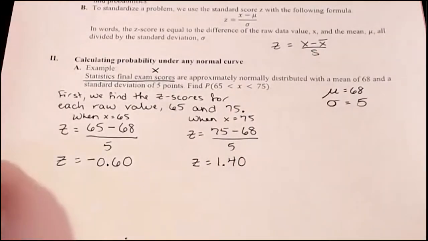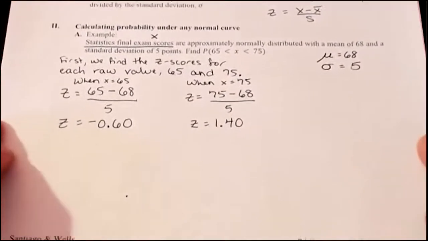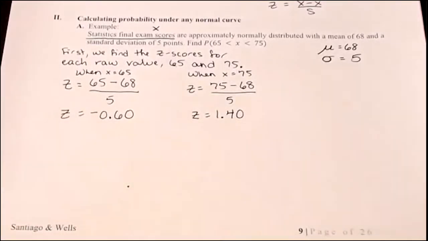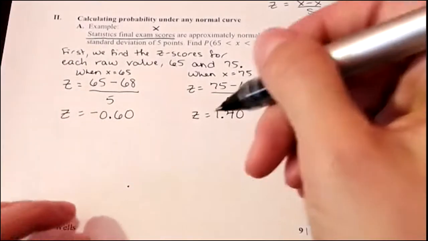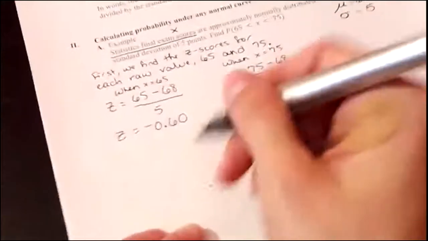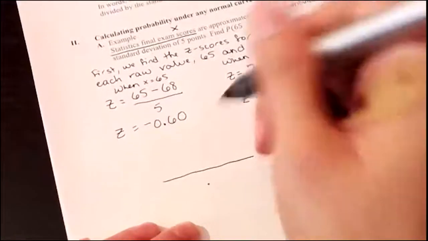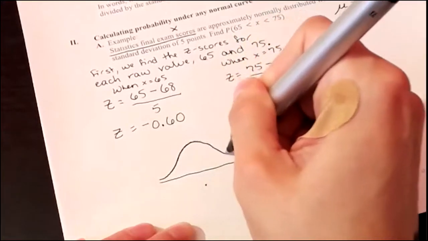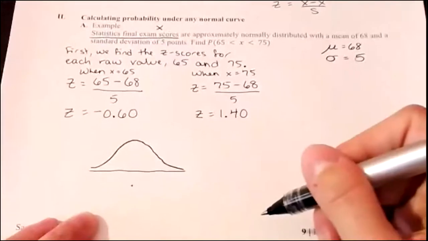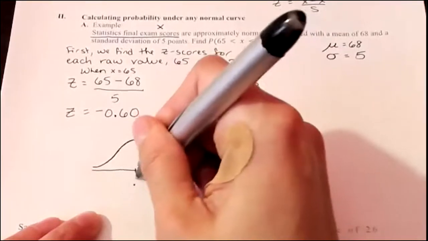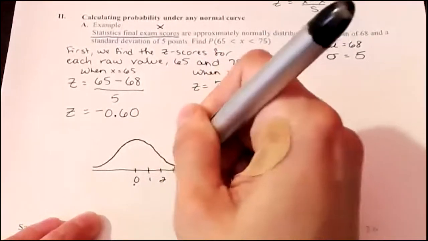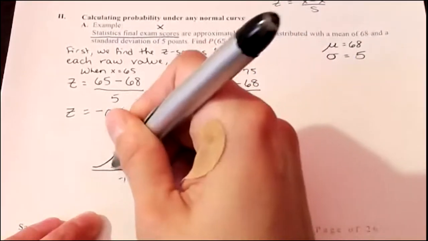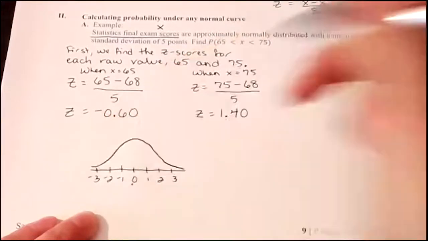Think back to the process that we would take to find the area between 2 z-scores. Again, a normal curve may help. I'm just going to turn this for a moment so that I can draw the curve and show you what's going on here. Okay, we've got 0, 1, 2, 3, -1, -2, -3.